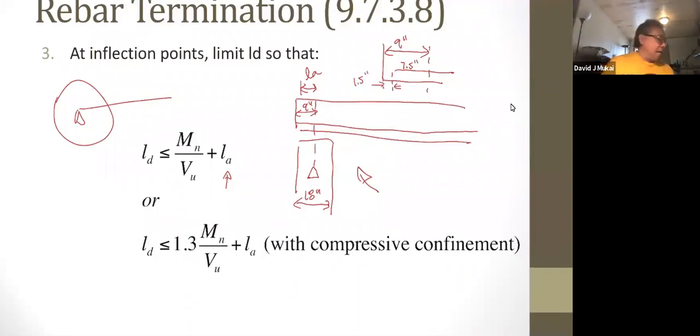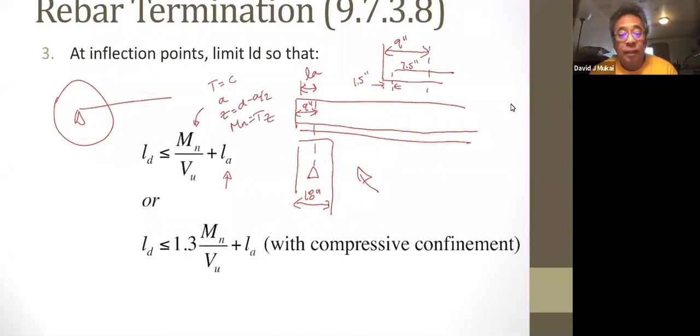MN is just T equals C, solve for A, Z is B minus A over 2. That's that. And VU is from the shear diagram.